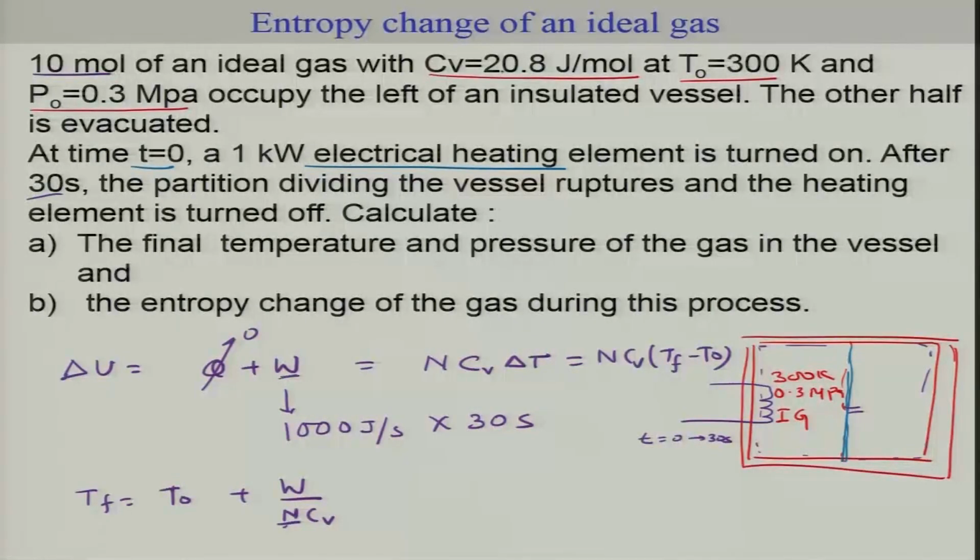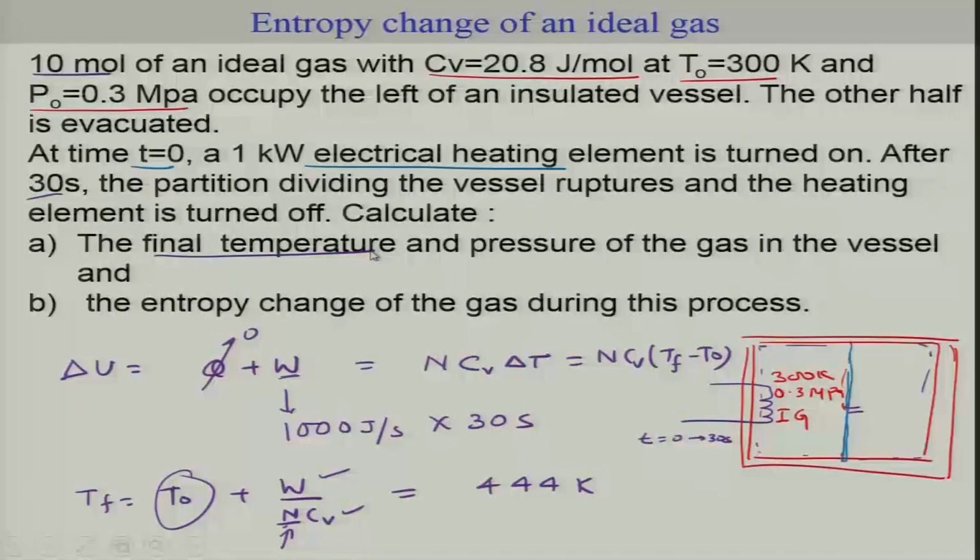CV we know is 20.8 joules per mole per Kelvin, and W of course we know. T0 initially is given as 300 Kelvin. So, when we plug in these values, N is 10 moles, CV is 20.8, the value comes out to be 444 Kelvin. So that is the final temperature of the gas in the system.